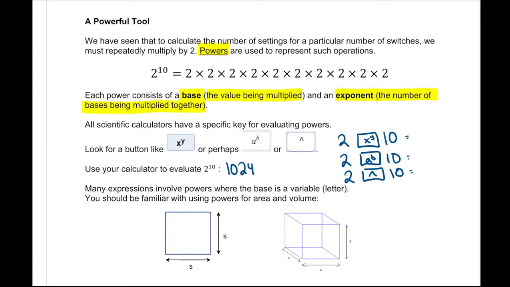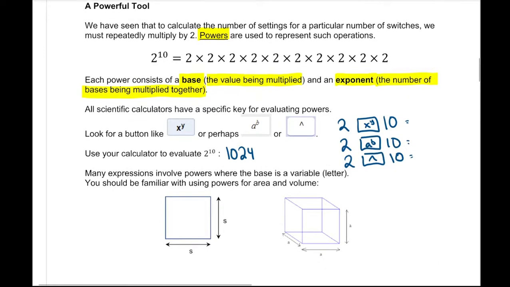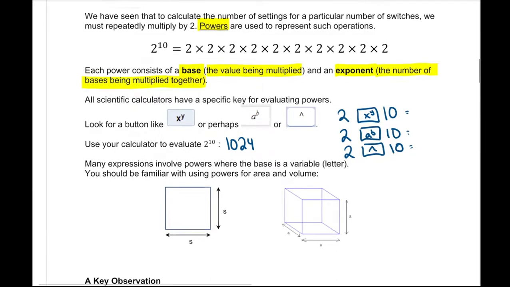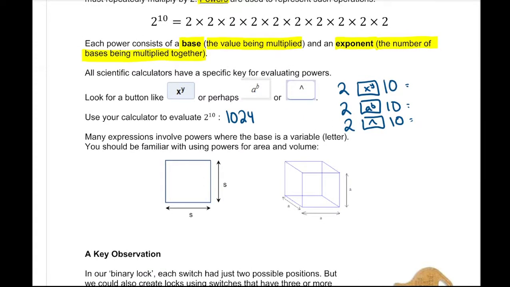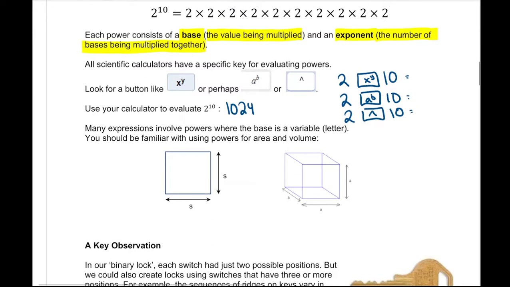So many expressions involve powers where the base is a variable, a letter. So the base, the thing that we're multiplying together, is a letter or a variable. And we should be familiar with using powers for area and volume, which we will be looking at later on in the course. So if I wanted to find the area of a square, generally speaking, all sides are the same, side times side.